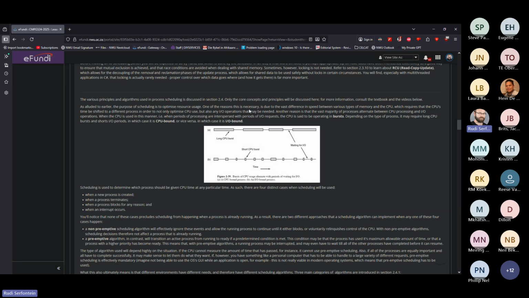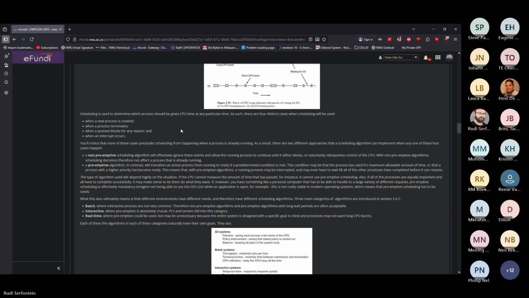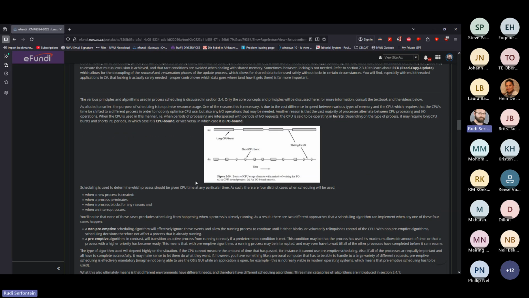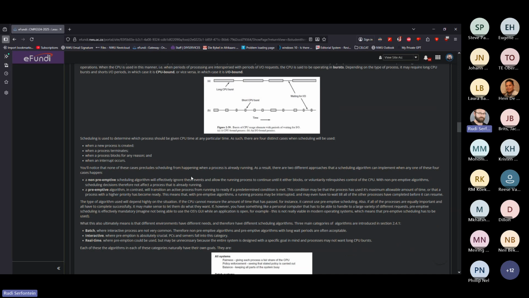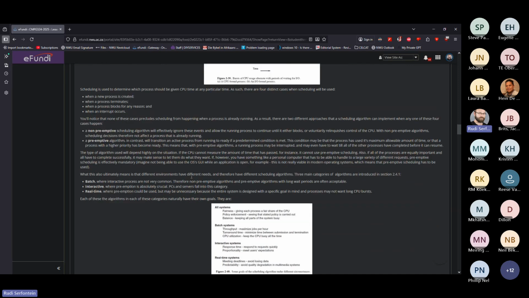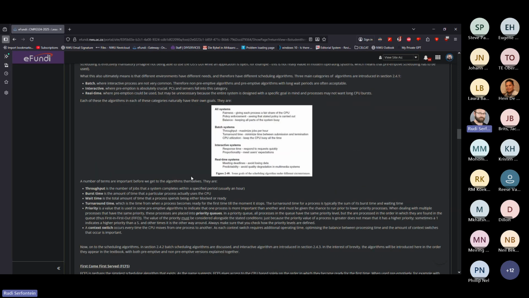So then it'll give you an idea of what it looks like. And then for the actual applications, you should be fairly familiar with how to perform CPU scheduling using specific algorithms.